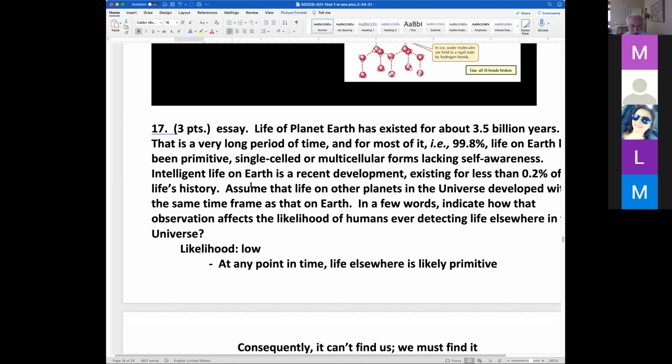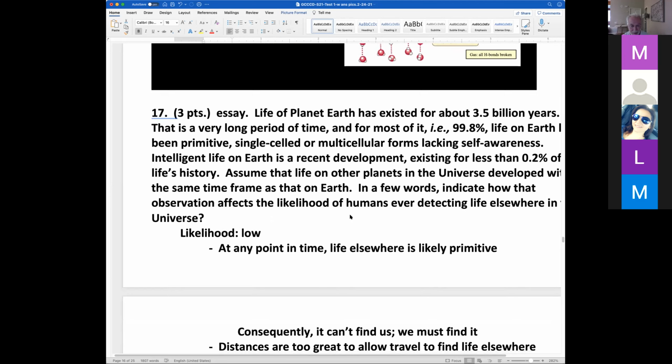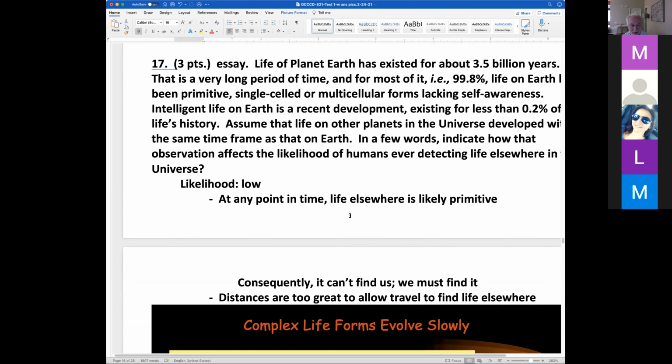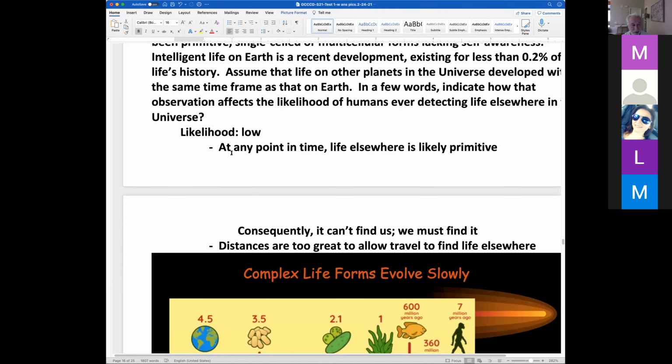Then make the assumption that the same thing either has happened or is happening on other planets in the universe. What's the likelihood that they would find us or we would find them? Based on the discussions we've had and the reasoning, the likelihood would be low.